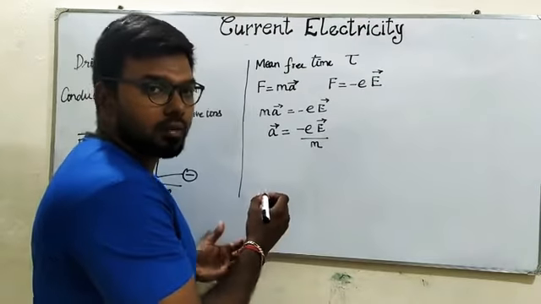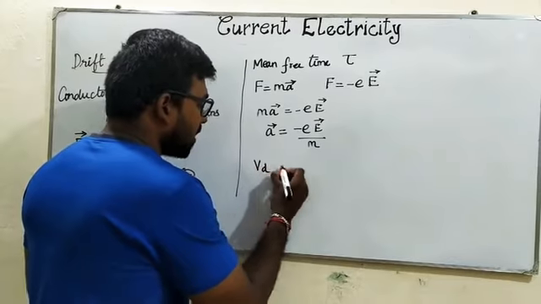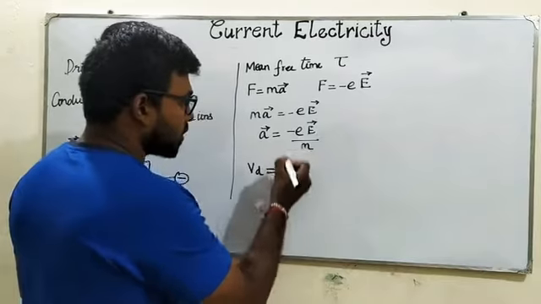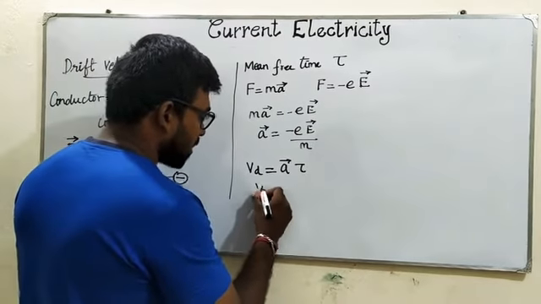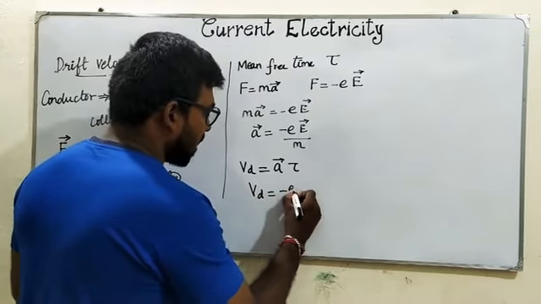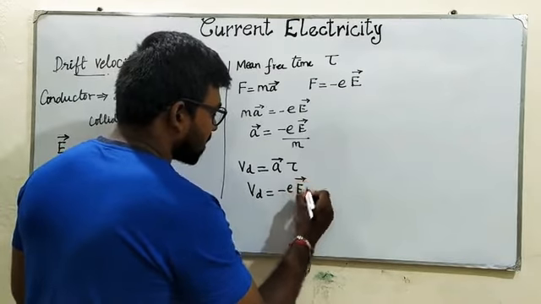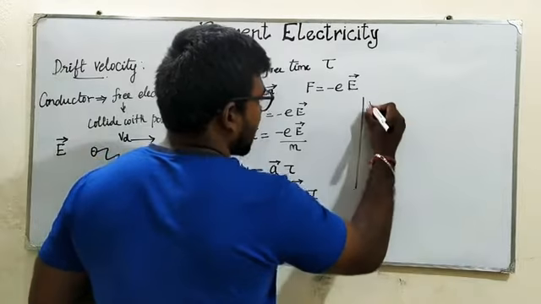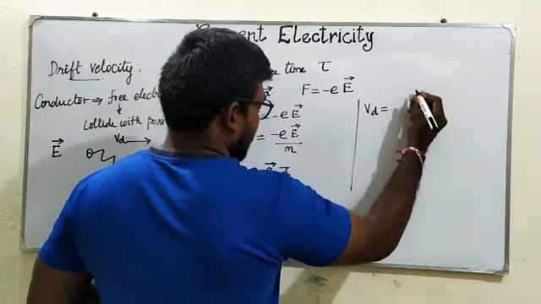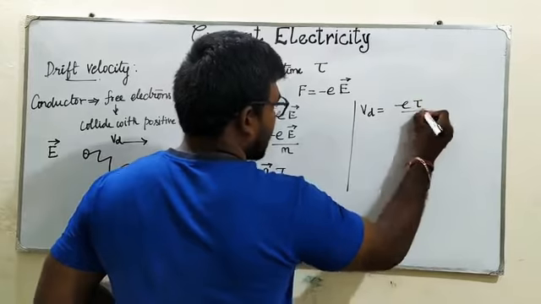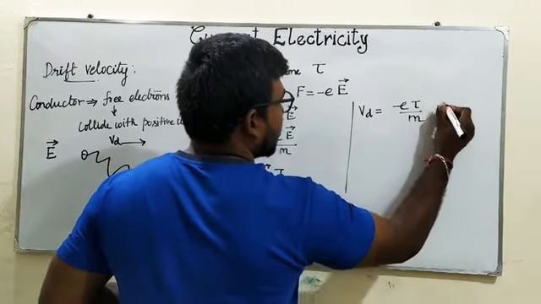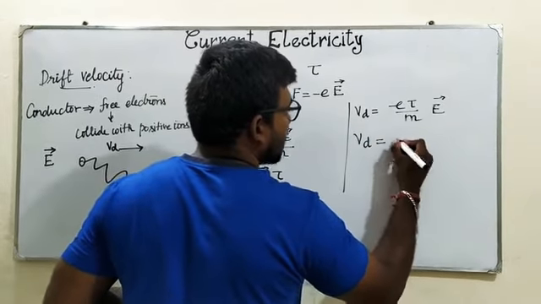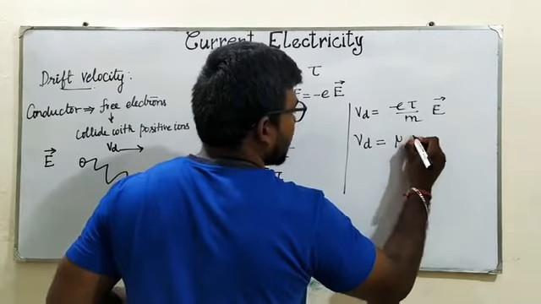Drift velocity can be written as Vd equal to acceleration into tau. Substituting the value of acceleration, Vd is equal to minus eE vector by m into tau. We can write this as Vd equal to minus e tau by m into E vector. So finally the drift velocity is equal to mu E vector.